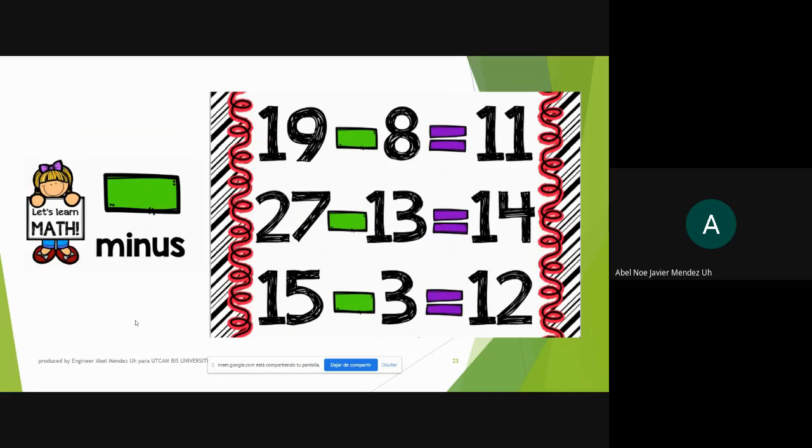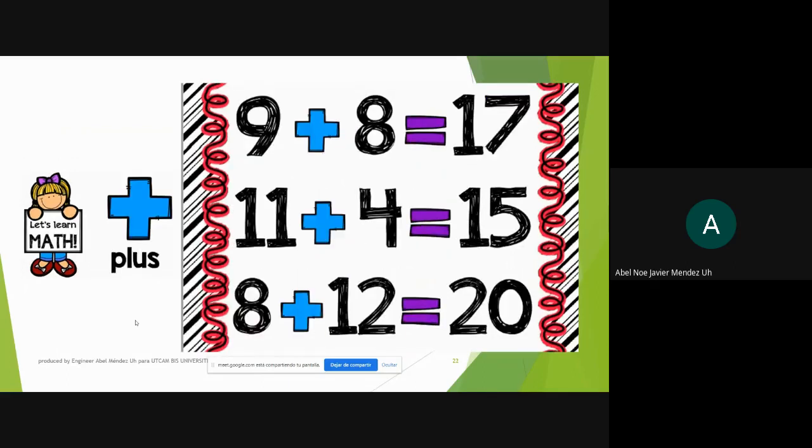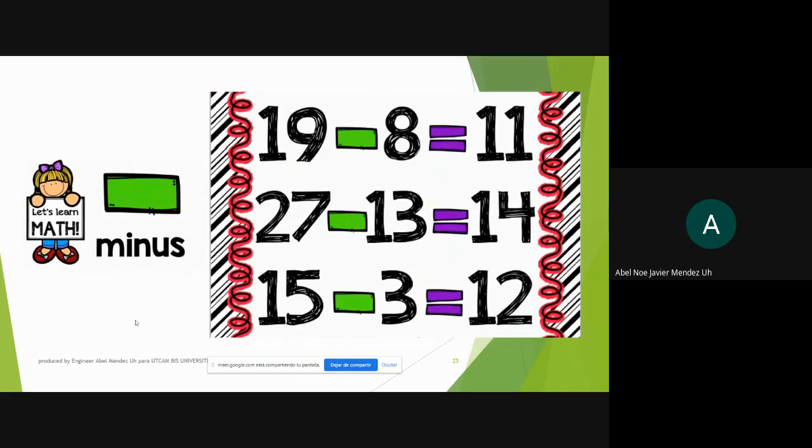We are using the symbol minus. How do you say the first operation?